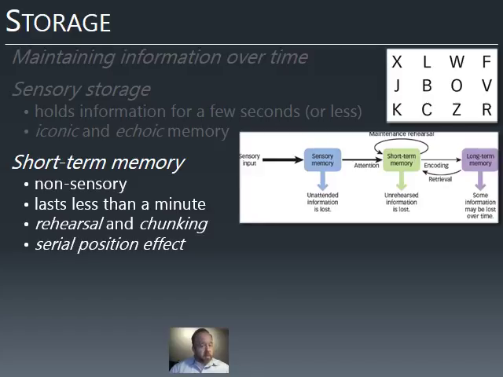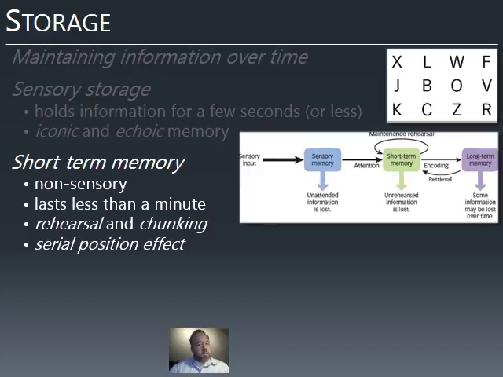And there are two reasons for that. The reason you remember the most recent items, and this is often called the recency effect, is that they're still in your short-term memory. Now, again, you have to ask what you remember pretty quickly after seeing the list for this effect to last. If you wait too long, well, those items are out of short-term memory, and you don't remember the last items any better than the ones in the middle.